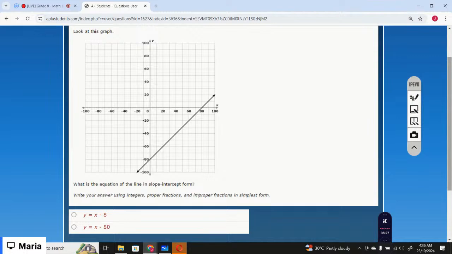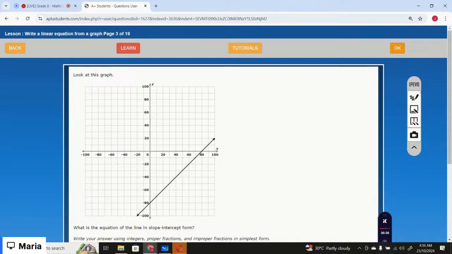The correct option is option number 2. You can see here the y-intercept is negative 80. So the correct option is y equals x minus 80.